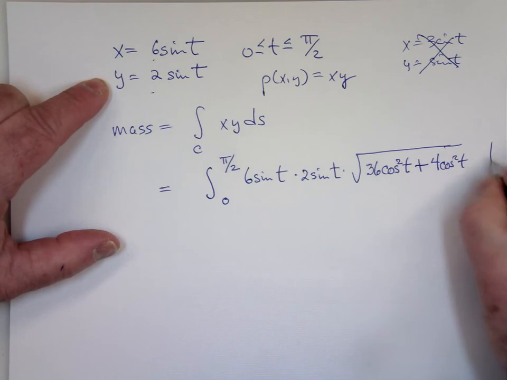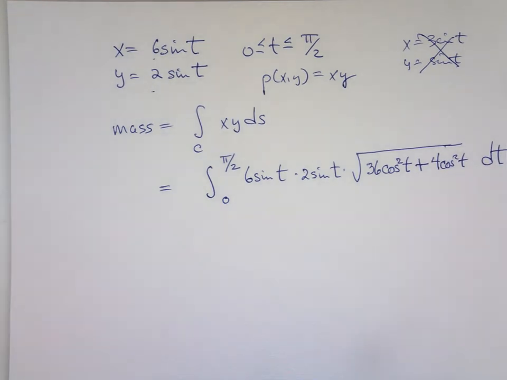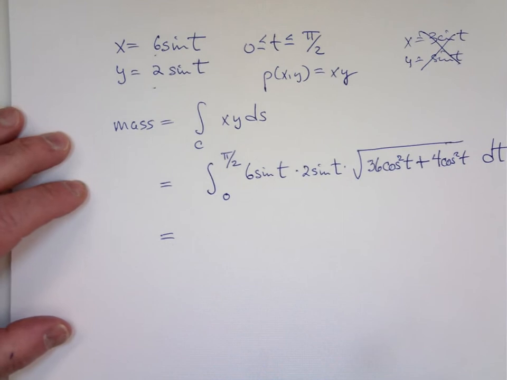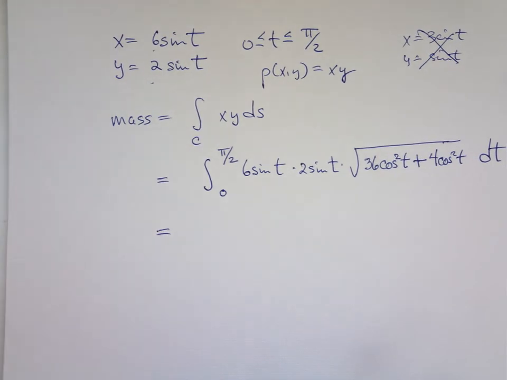This integral is totally different than the other one. Looks nothing like it. This answer is going to be way different than the other one. Look at it. It's crazy.